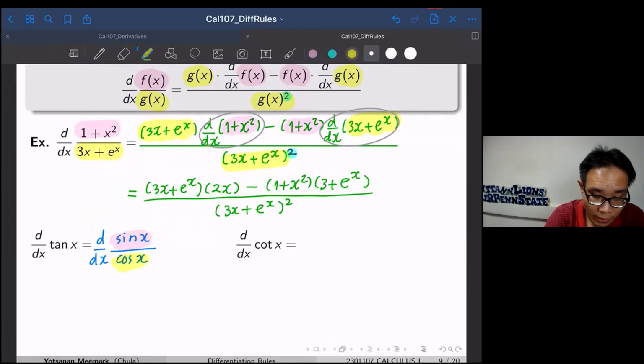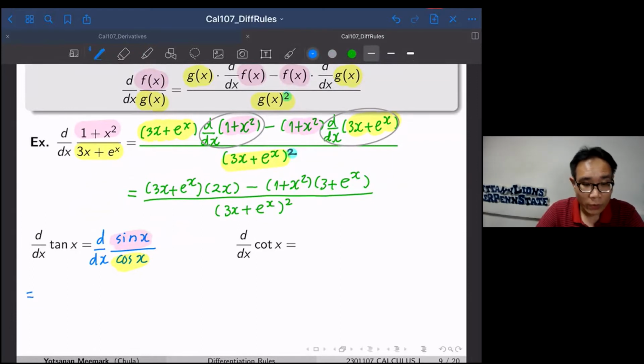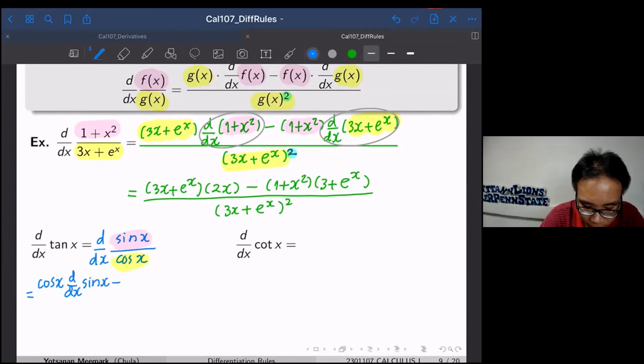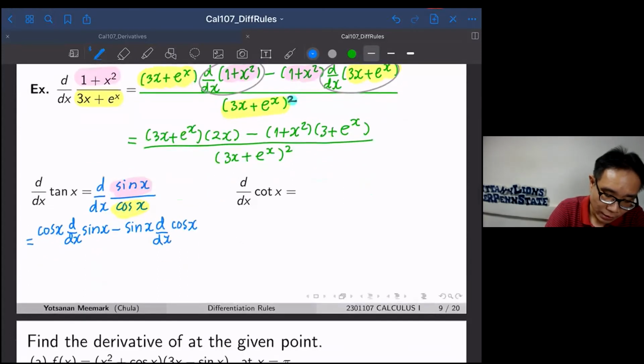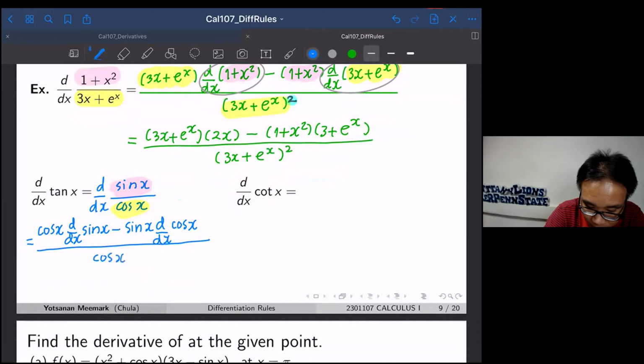Okay, and you have diff sine over cosine, which is going to be the bottom, derivative of the top, minus the top, so it's sine x, derivative of the bottom. So it's going to be diff cos x, and this guy is over the bottom square. Okay, so we put this guy in terms of the quotient rule.